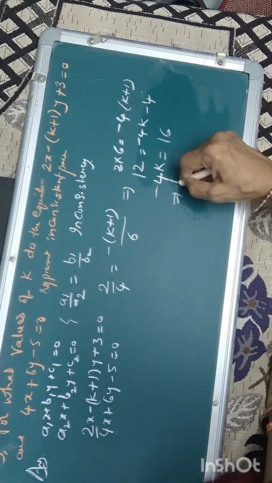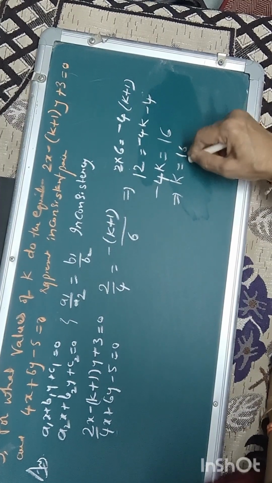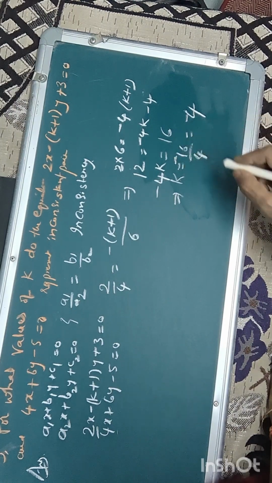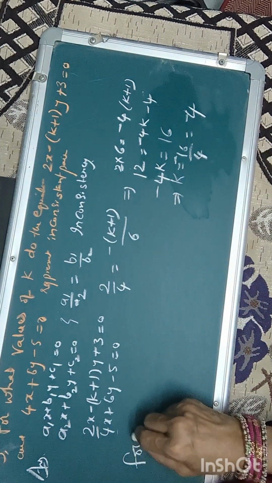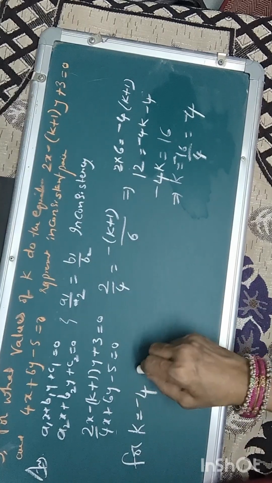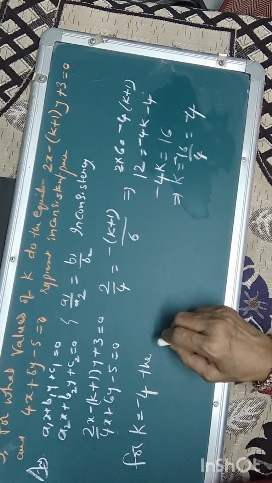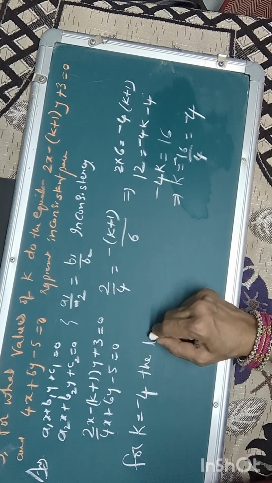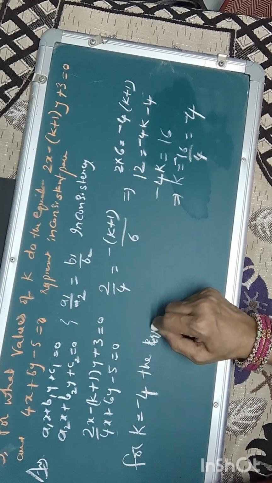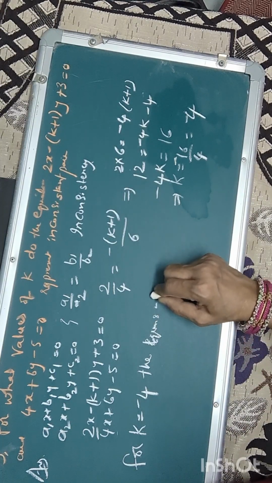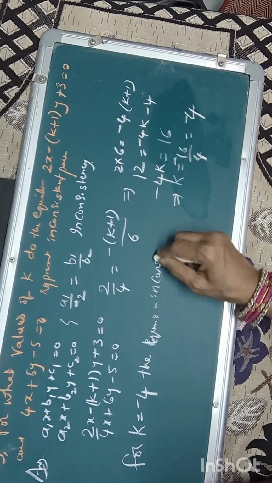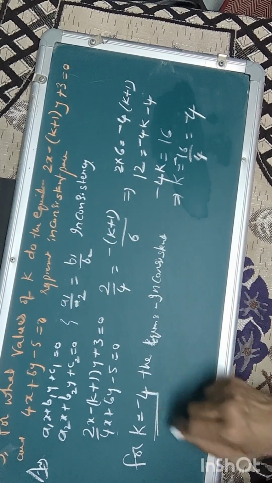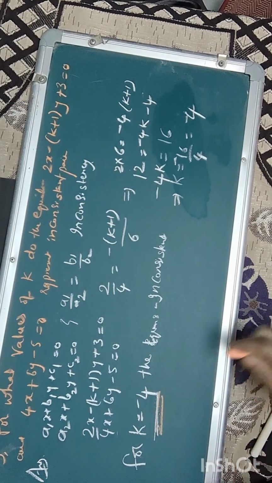That implies k is equal to 16 by 4, that is minus 4. So for k is equal to minus 4, the equations are inconsistent. This is the solution.